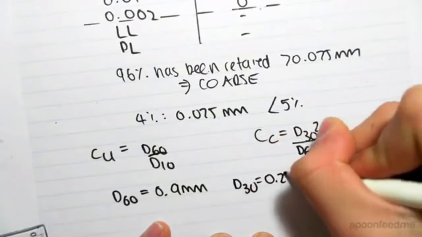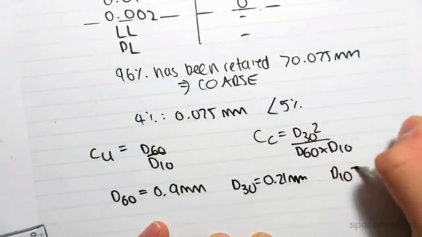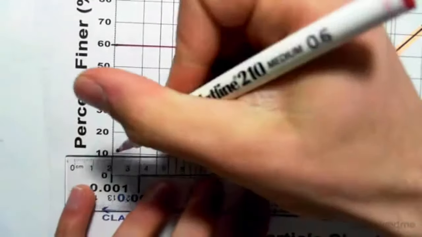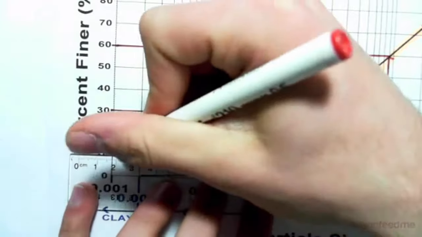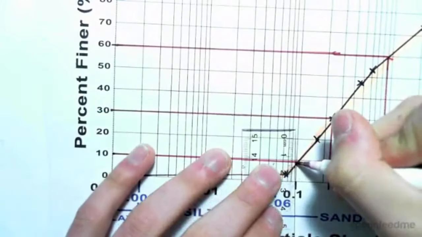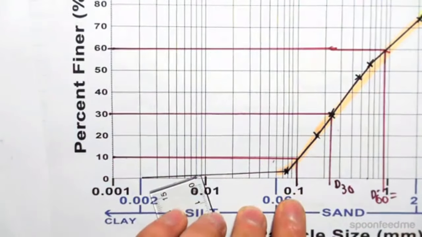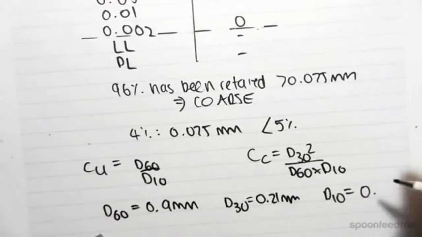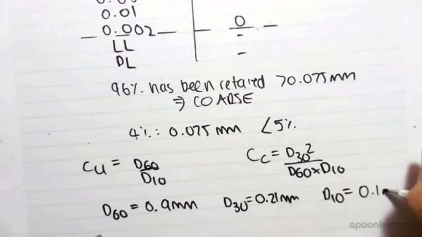Finally D10, we find the exact same way. We come across from 10%, see where it hits our curve, come down, and it roughly hits at 0.1 millimeters. So D10 is 0.1 millimeters.